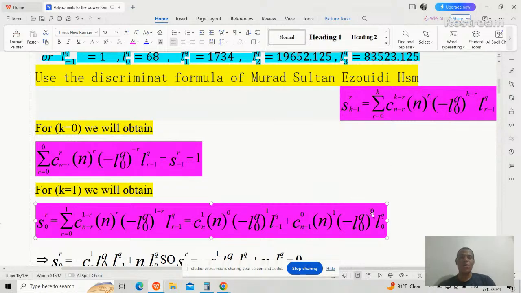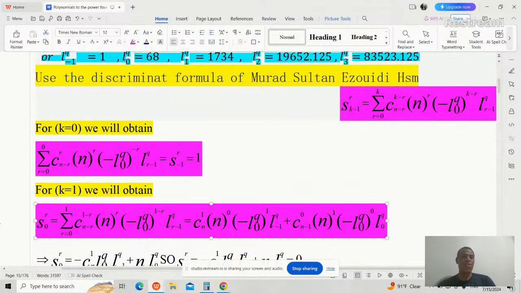That will give you 0 here. Any value that is different from 0 raised to the power 0 is 1, so we can simplify this by 1, times L_{1 minus 1}, that will give you 0, L0 of Q.